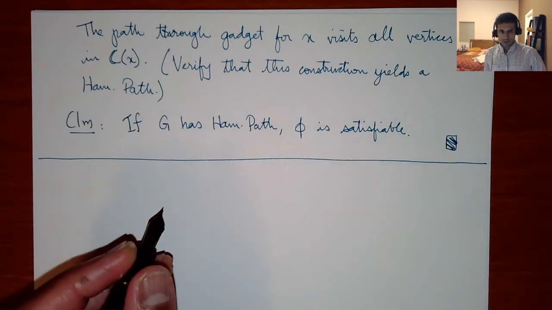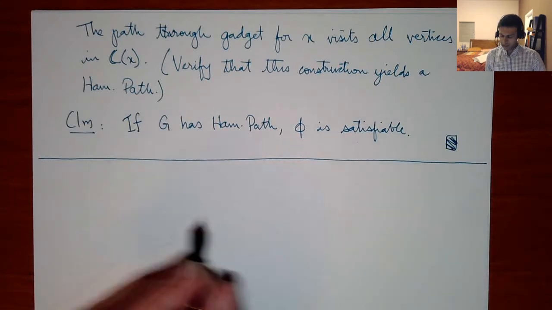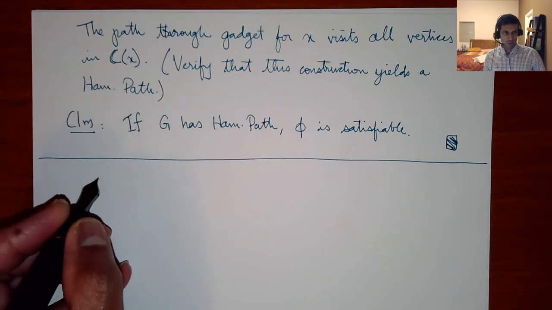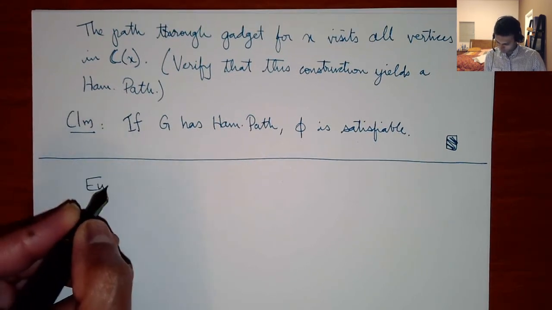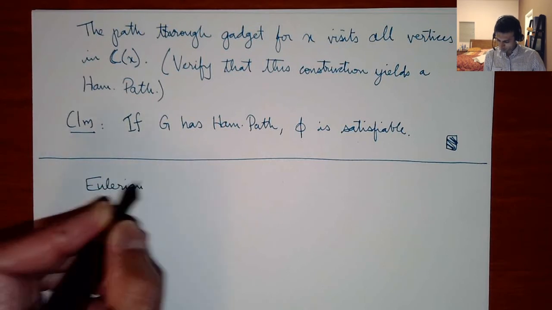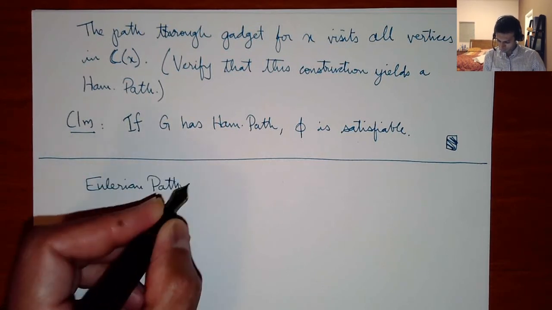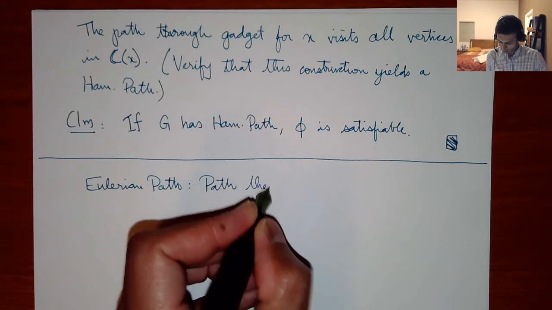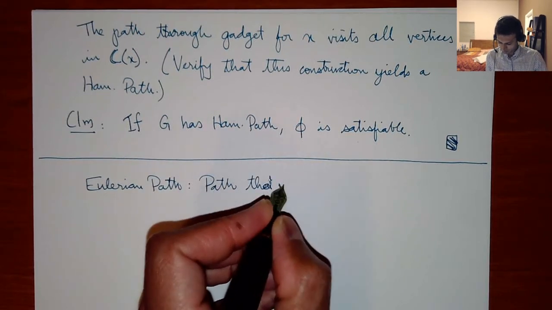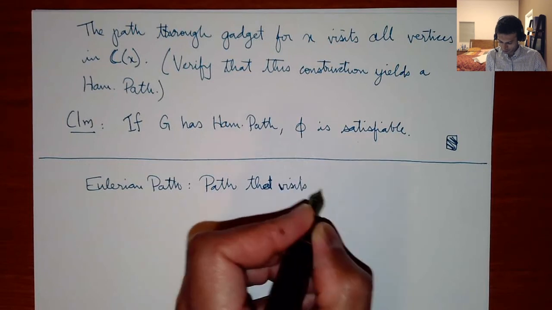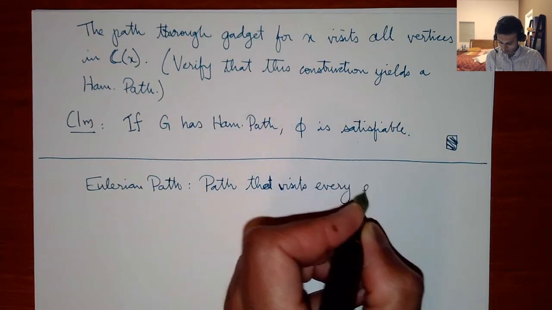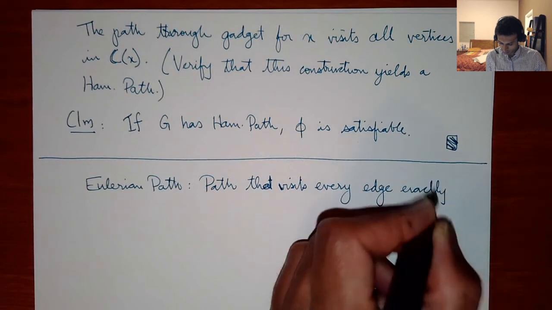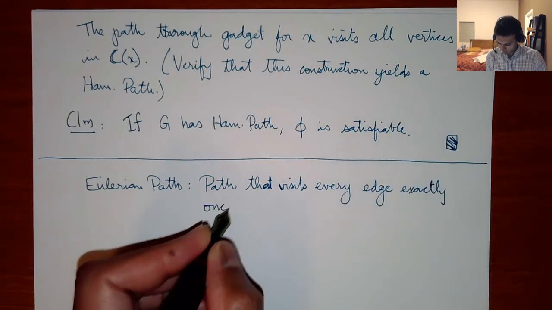So I want to mention something here which is very intriguing. There is another problem known as the Eulerian path, which is a path that visits every edge exactly once.